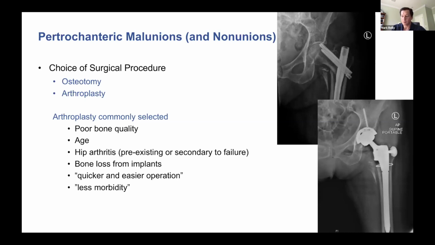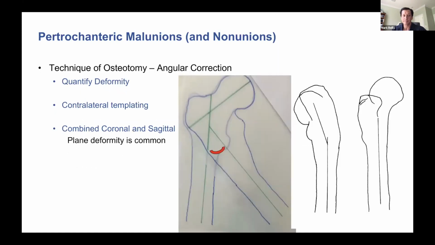In fact, it's interesting that Hardy Weber over 30 years ago bemoaned the fact that the art of the intertrochanteric osteotomy was being lost. And if it was being lost then, it's probably even closer to being lost 30 years later, unless surgeons continue to talk about it and teach its advantages.